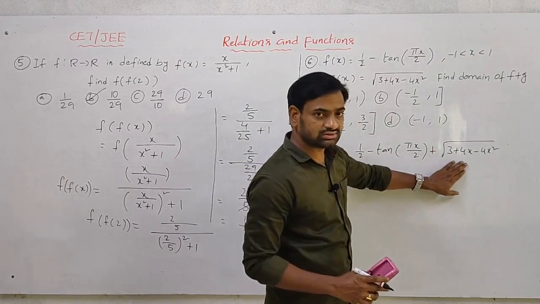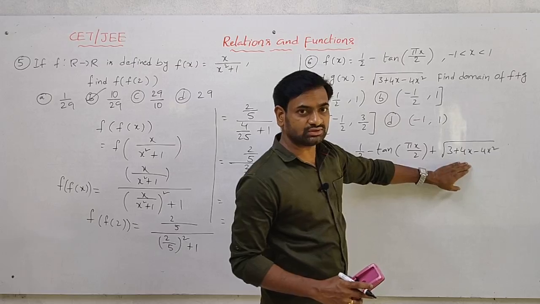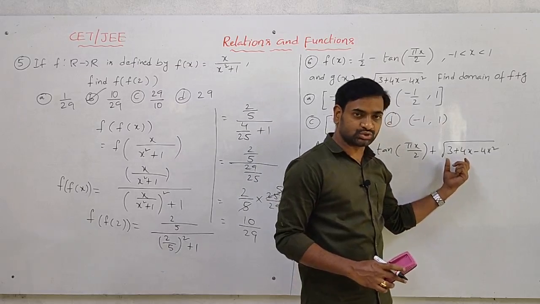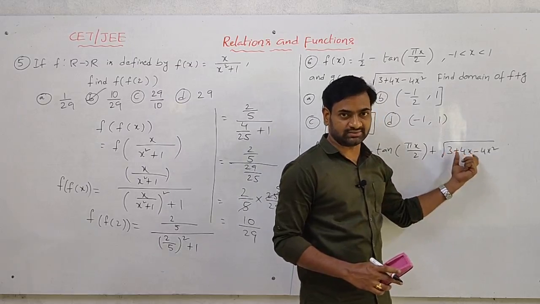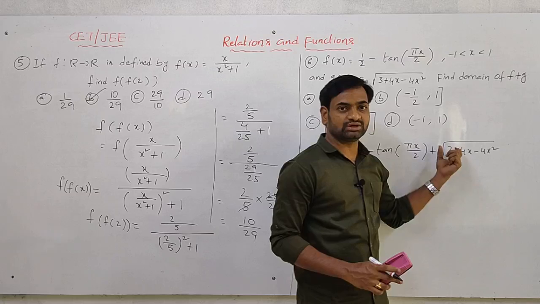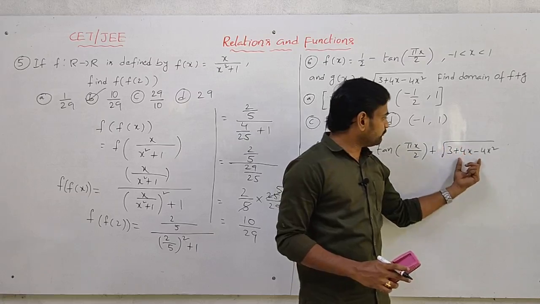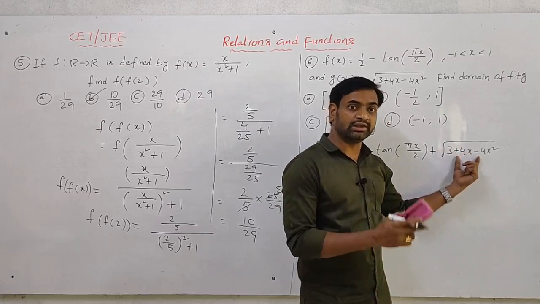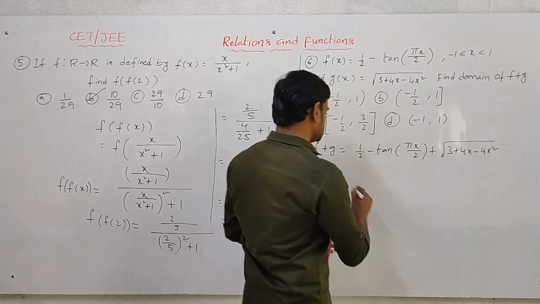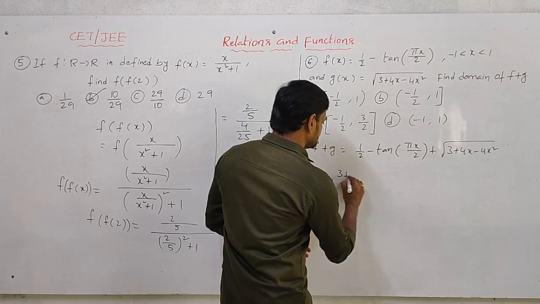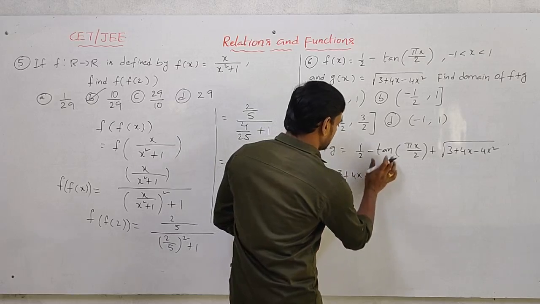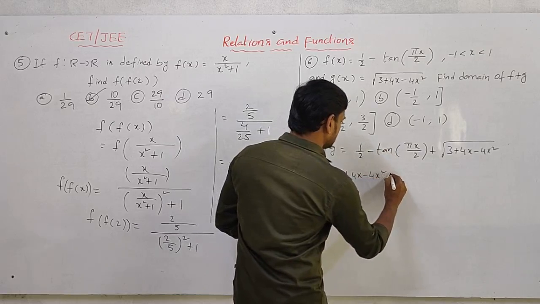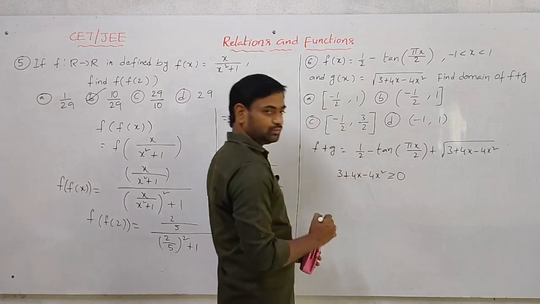But what is the domain of this one? This is in the root, and the root is in the numerator. So when the root is in the numerator, we have to take this value as greater than or equal to 0. That is 3 plus 4x minus 4x square greater than or equal to 0.